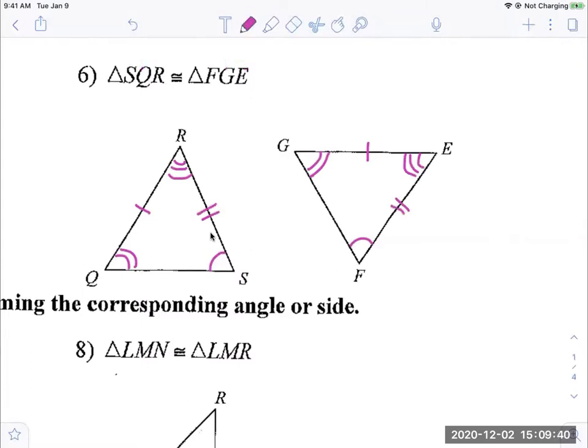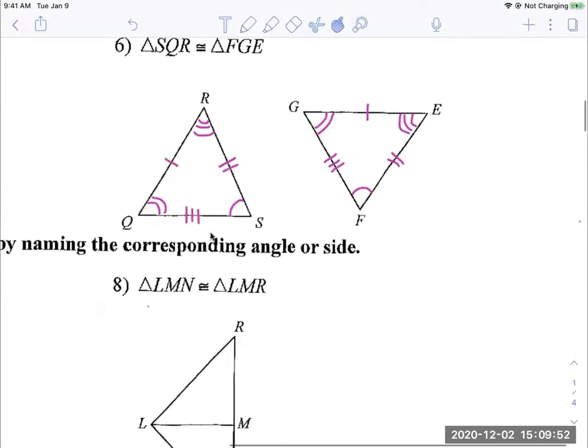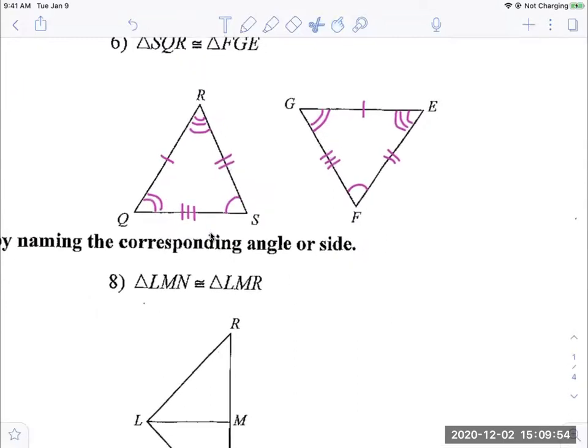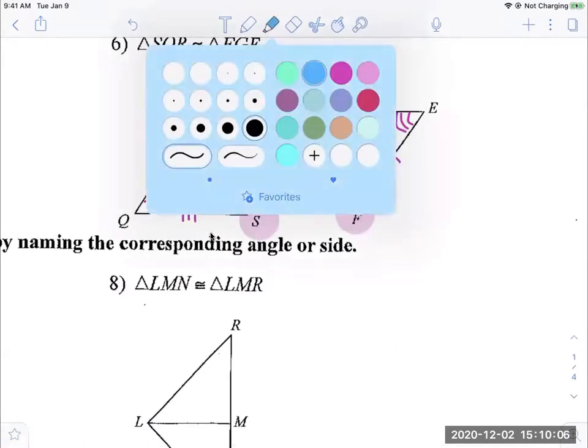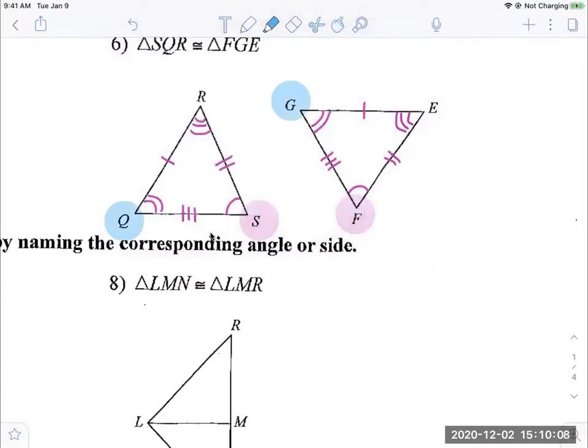That's RS and FE. And then our third sides there should also match. It doesn't matter actually how you mark them. If you did 1 mark here and 2 marks there and 3 marks there, that's perfectly fine, as long as you have S matching with F, and you have Q matching with G, and you have R matching with E.